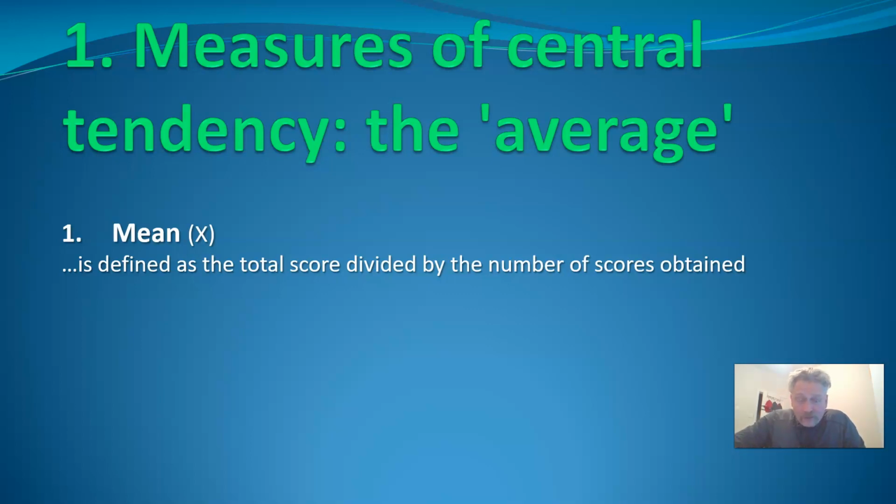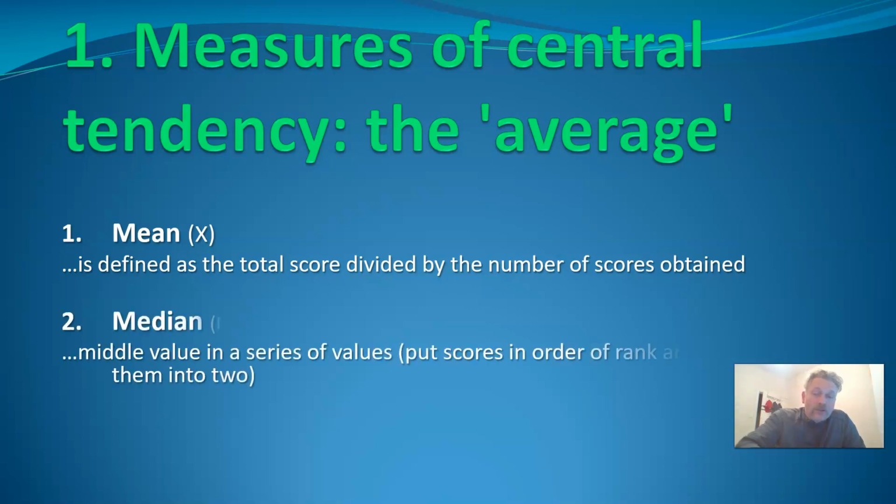Very, very useful metric. As you'll see, it does have some drawbacks, but it's the one that's most often reported, and it's very intuitive in terms of understanding. Alternatively, you have the median average, and this is essentially the midpoint, literally the midpoint of all your numbers.